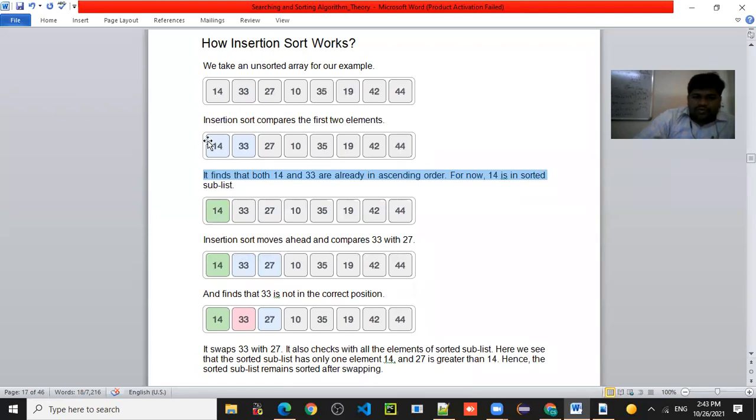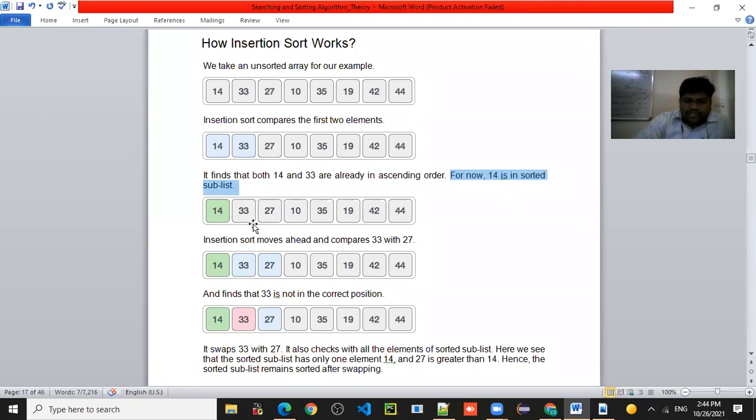So 14 we will store in a sublist. At the left side we are preparing the sublist of the insertion sort algorithm. So 14 we have added in the sublist of this same array.